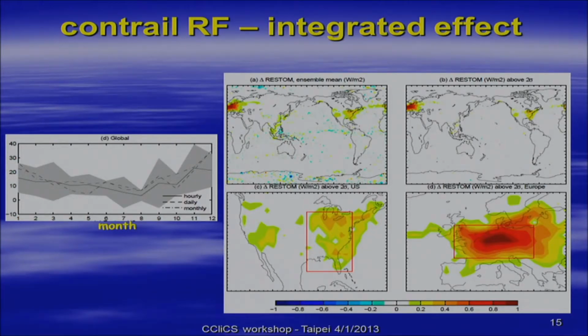In Central Europe, it can be as big as 1 watt per meter square. This is pretty much on par with the radiative forcing of anthropogenic CO2. So when you talk about contrails, if you look at the global average, it's totally misleading because the impact is very isolated.